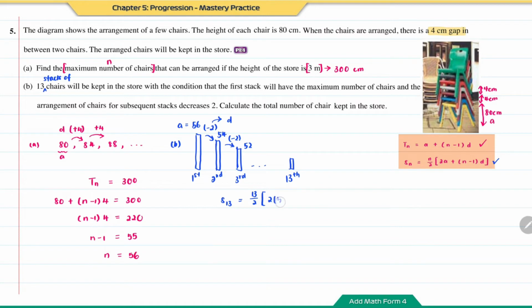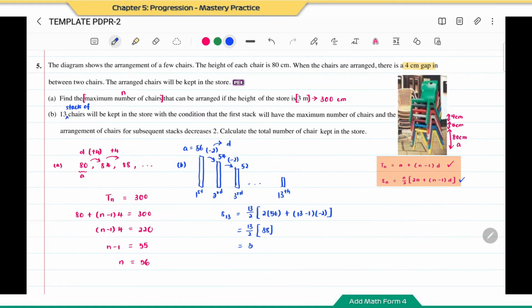Now the a here is going to be 56 plus 13 minus 1, and d is going to be -2. Solve everything inside the bracket, then you're going to get 88. Multiply it with 13 over 2, then you're going to get the number of chairs is equal to 572.